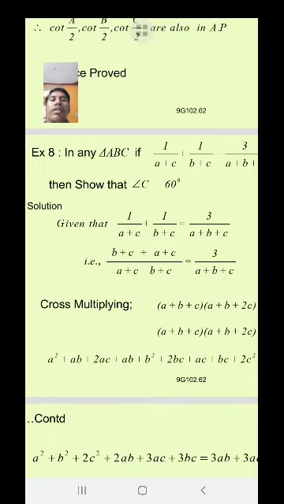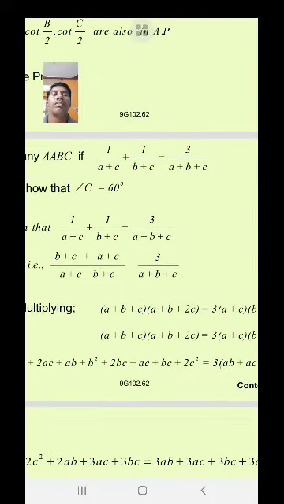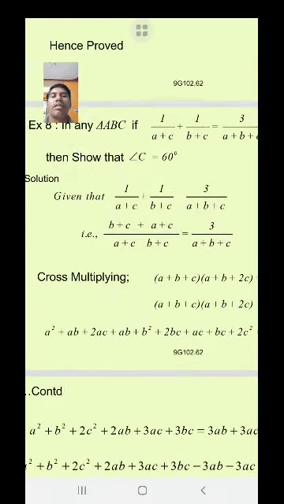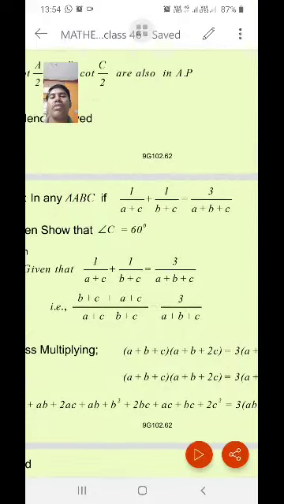Next question, number 8. In any triangle ABC, if 1 by a plus c plus 1 by b plus c equals 3 by a plus b plus c, then show that angle C equals 60 degrees. Here, "if" means the condition.